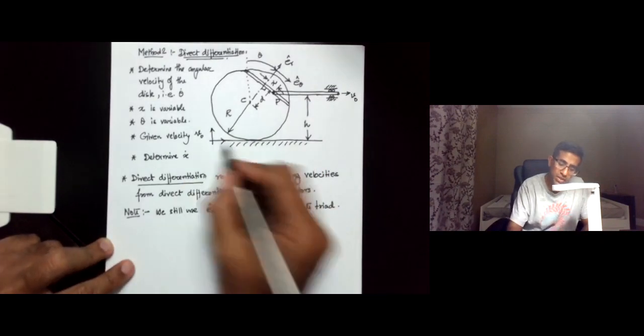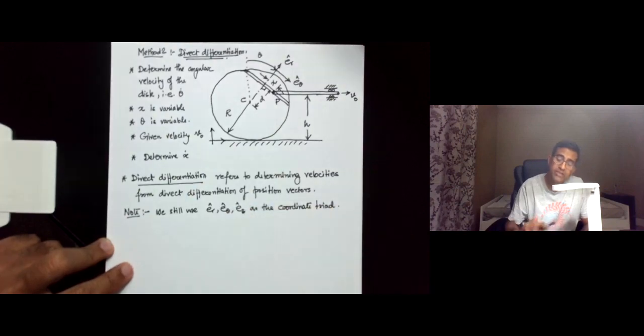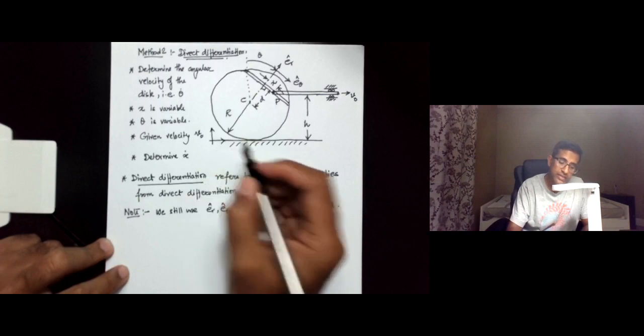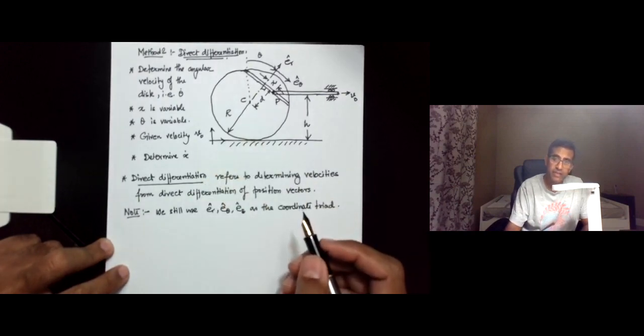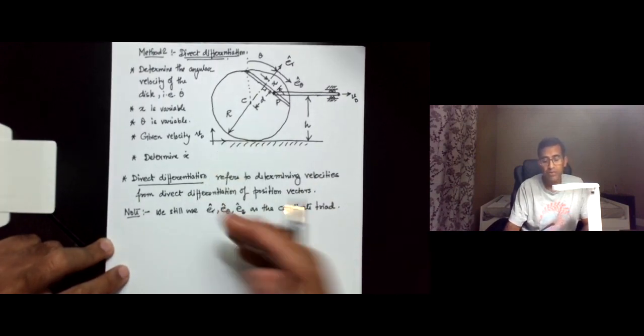But since we have to first determine the position of P and then differentiate it, this is where sometimes the direct differentiation method requires you to do some extra work.